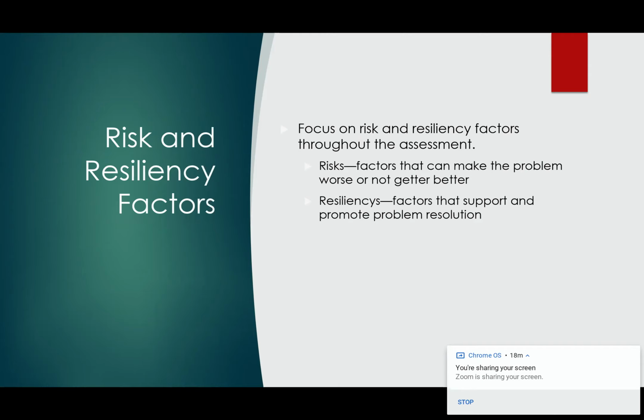Examples of resiliency factors are that they have supportive friends or family members, they have jobs, they have community, they have social supports, and they are able to seek accessible support in the community when needed. A resiliency factor might even be something as simple as having financial needs met.